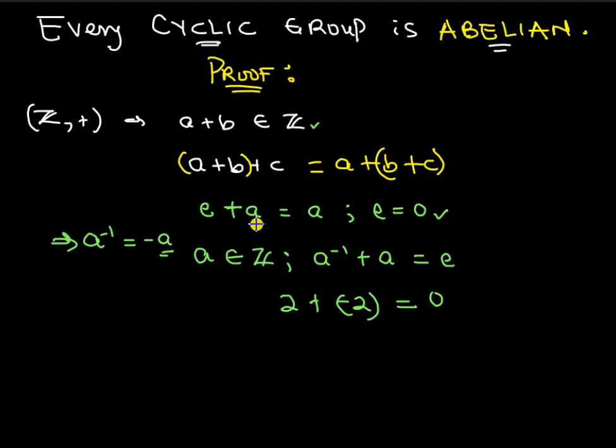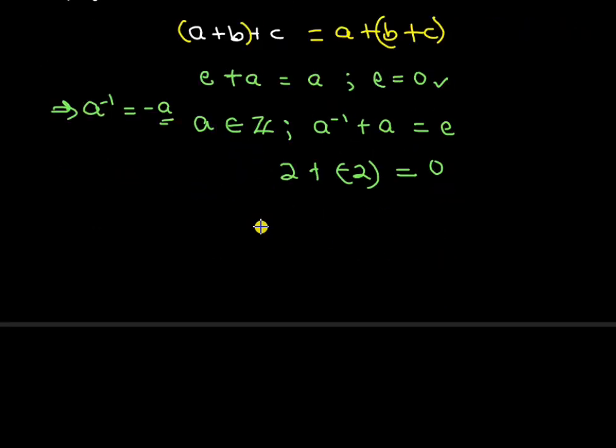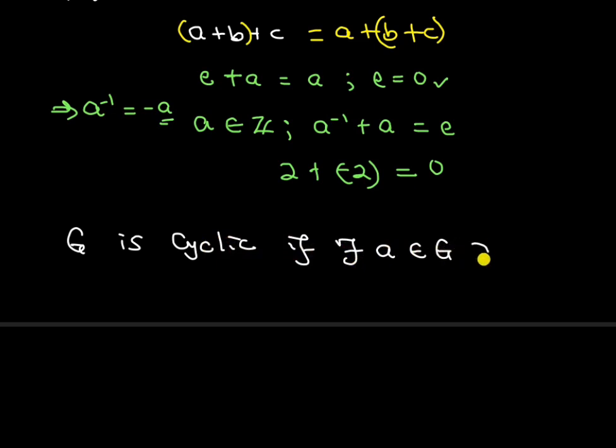All right. So now we know what a group is. So when is a group said to be cyclic? A group G is cyclic if there exists an element A in G such that G is generated by that A. What is the meaning of generated?